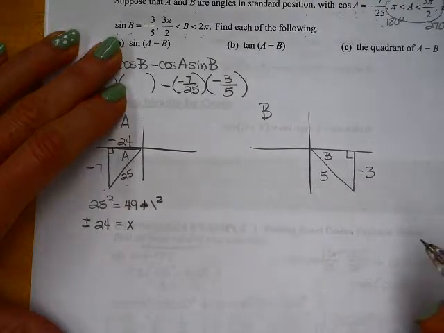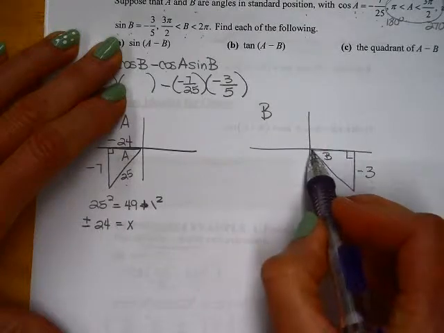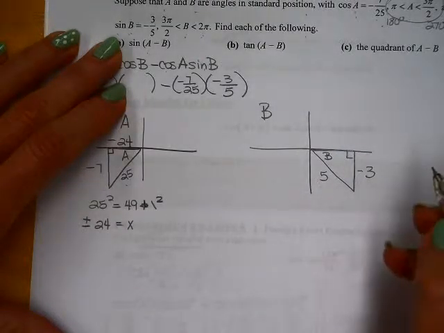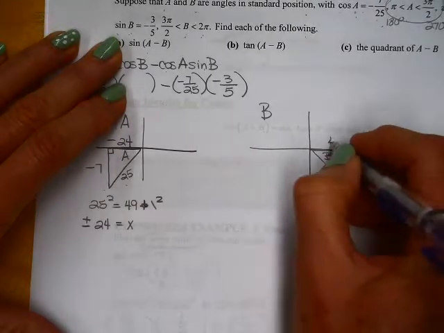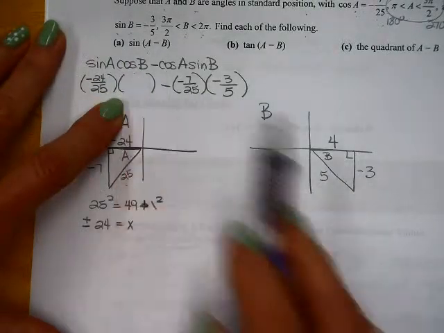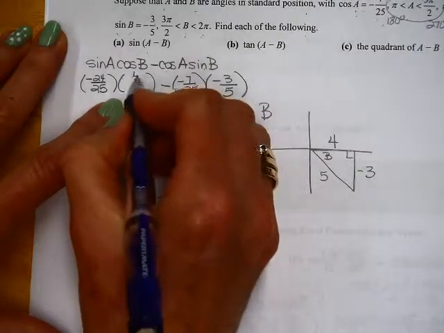This is the negative 3. What is the length of my x? It's going to be 4, positive 4. So the cosine of angle B is 4/5.